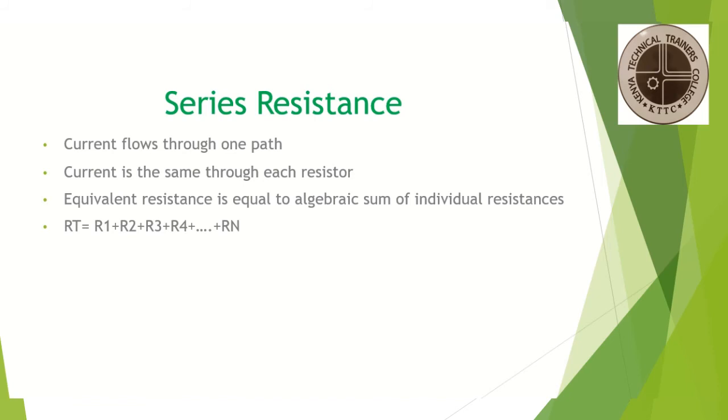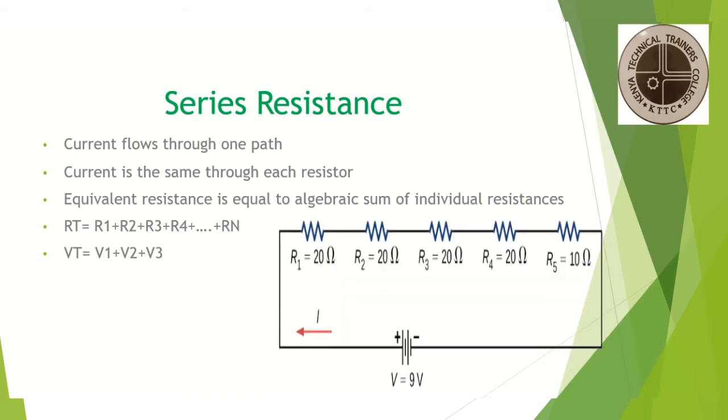This is given by the expression RT equals R1 plus R2 plus R3 plus R4 plus ... Rn. The voltage is given by the summation, that is Vt total equals the summation of V1, V2, V3, and so forth. That is the circuit diagram showing the resistors in series.